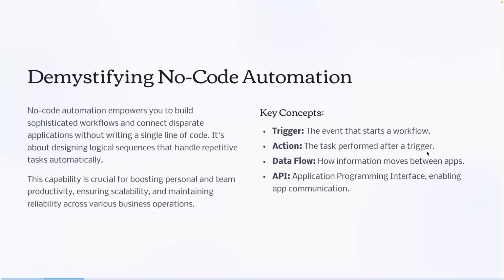So why Make and Zapier? The primary reason is because these are no-code automation platforms. What does it mean? You don't have to write a single line of code for any action that you have to perform. Everything is drag and drop, or a linear flow where you keep adding your modules one by one. Whether it is integrating with Google Forms or Google Sheets or email or whatever it is, there's just no level of coding required, except of course when you're using an API, the application program interface.